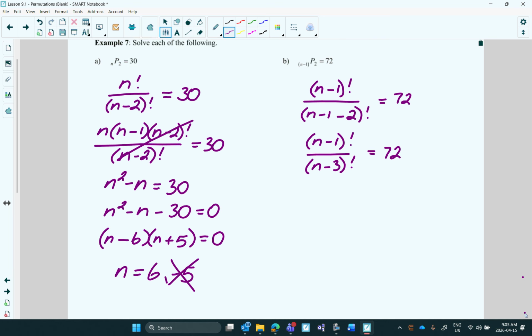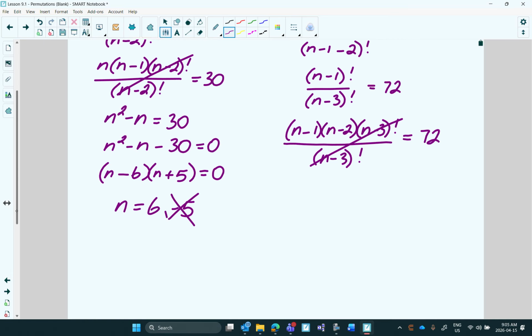Like so. Now remember, we're solving for n, so we want to get rid of the factorial. How do we do that? Okay, take the top and start going down until you hit the expression that's the same as the bottom. Put a factorial. And that allows me to take those out. And I'm left with n minus 1 times n minus 2 equals 72.